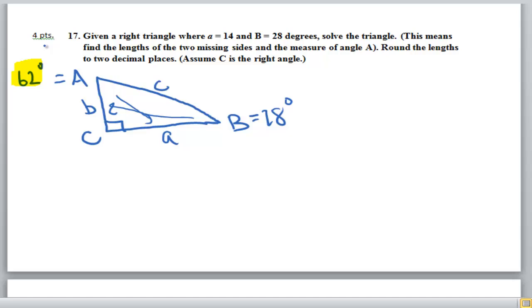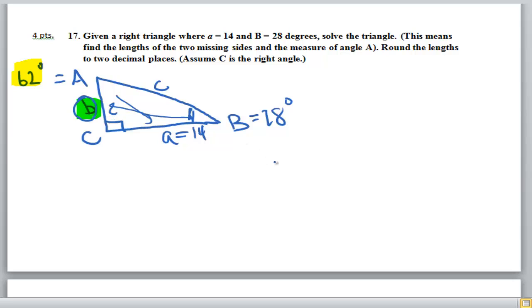But now the problem is, if you're going to find, let's say, side B, right? And I know that side A is 14, and I know that angle B is 28. If I have this angle here, I'm trying to find this side, which is opposite. And this side here, I know, which is the adjacent. So I know the adjacent, and I'm trying to find the opposite.